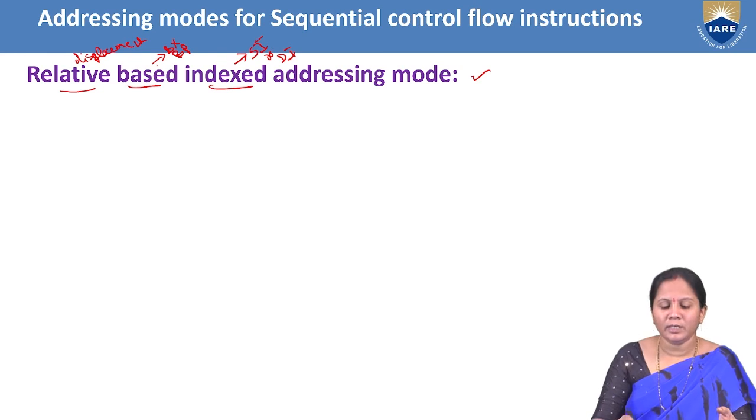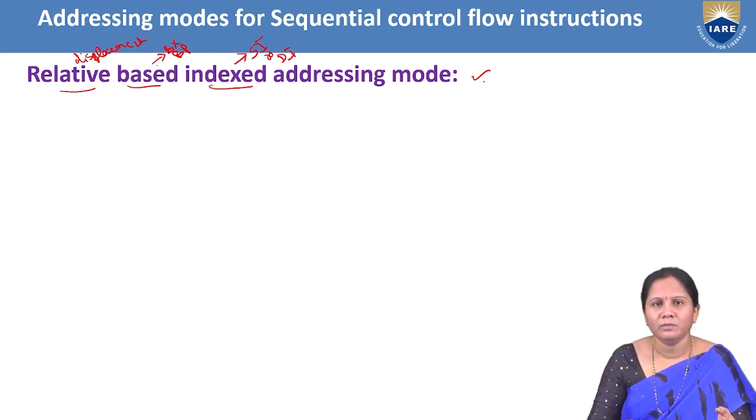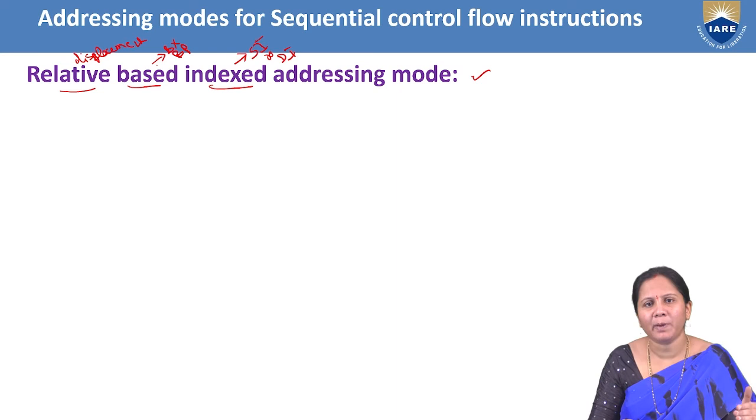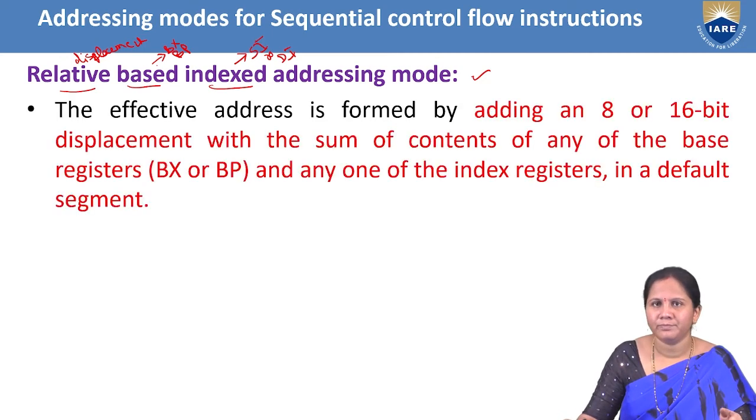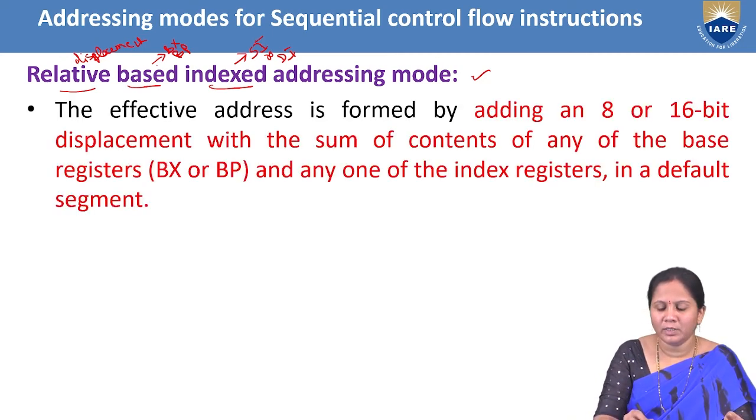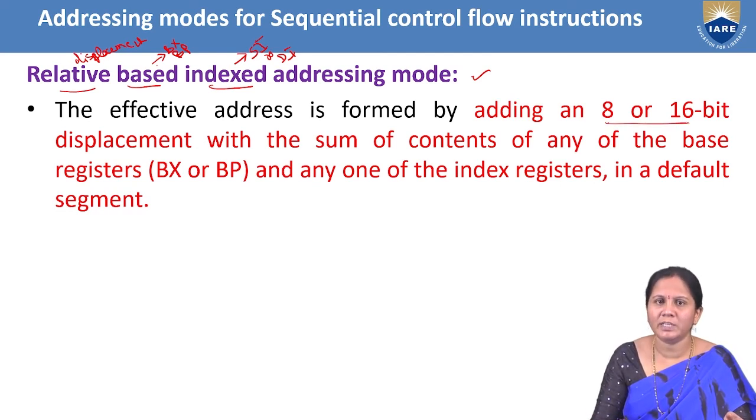Okay. So in this type of addressing mode, 8-bit or 16-bit displacement along with base register along with index register will be specified as a part of an instruction. So these three terms together provide the offset address. In this case, we have to use 8-bit or 16-bit displacement.